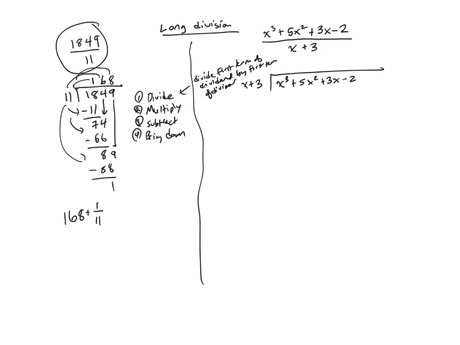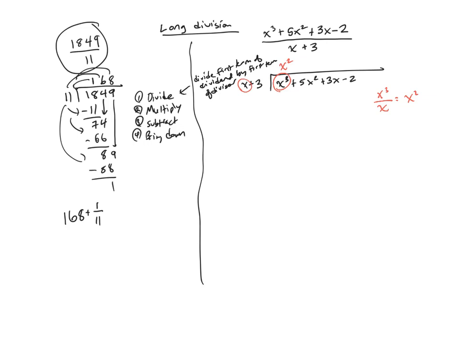Now, there's a very specific reason we do that, and I'll point that out to you when we get there. So in this case, that means taking this x cubed that's right here and dividing it by the first term here, which is x. So x cubed divided by x is x squared, and that's what goes above the house, just like it did in the numbers. So at this point, the steps are going to be the same.